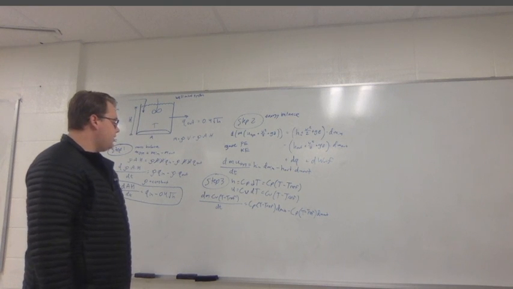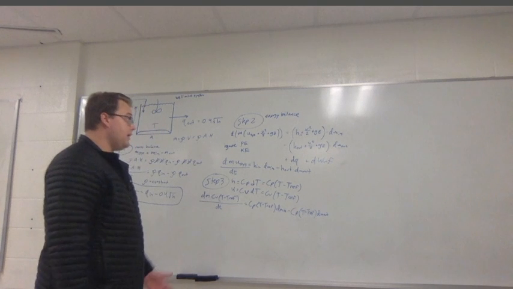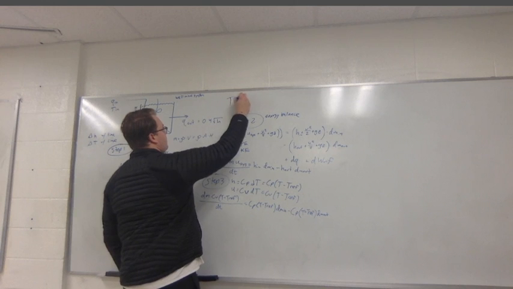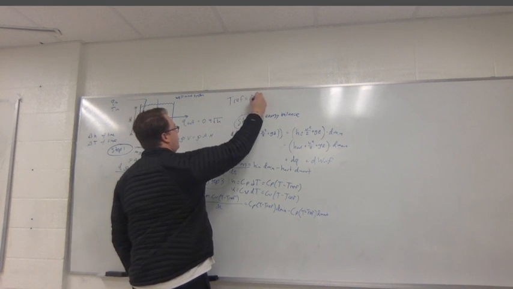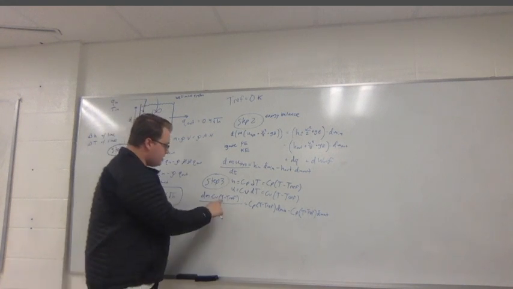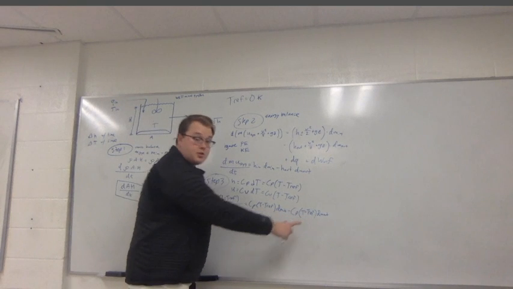So the next step is I want to know what reference temperature I'm using. And I'm going to make it super easy on myself and say that the reference temperature that I'm using is equal to 0 Kelvin. So that way, I can say this is temperature minus 0, this is temperature minus 0, and this is temperature minus 0.